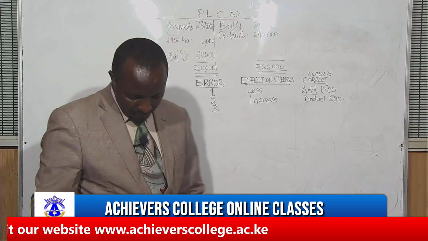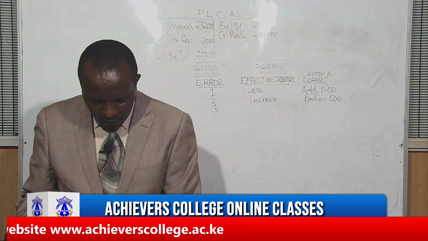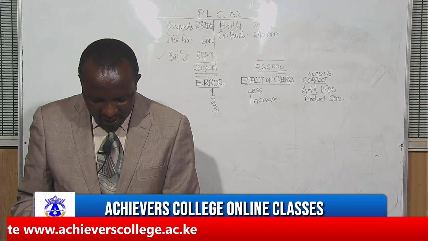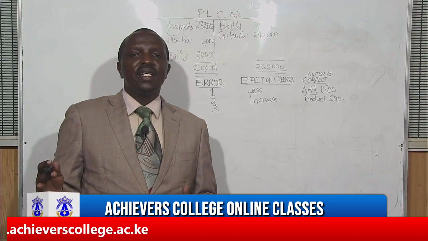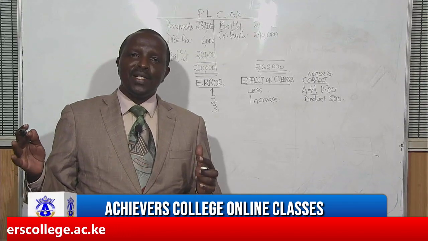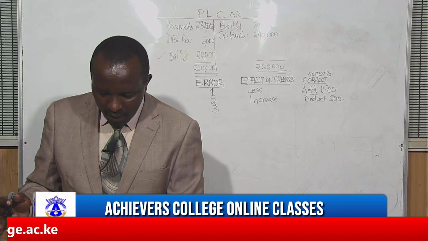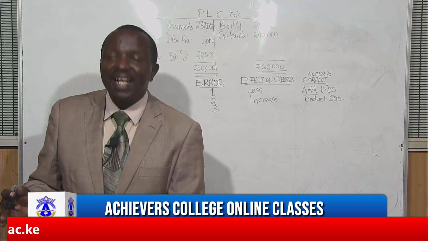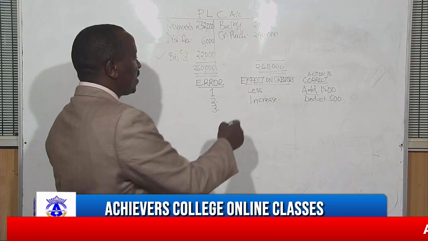Error number three: we are told the credit side of Brown's account, Brown also being a creditor, had been undercast. Remember, with an increase in liability we credit, and therefore if the credit side of a creditor was undercast, it simply means that creditors had been reduced.